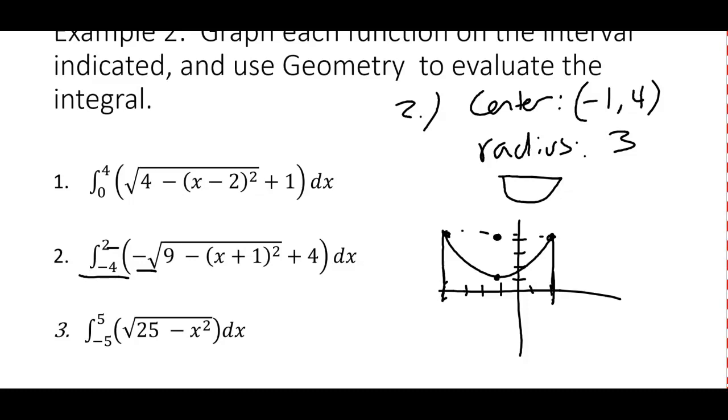So what's the area of the rectangle? 24, so that's, what's the base? So 24, I agree, okay. So 24 minus the semicircle. So what's the area of that semicircle?